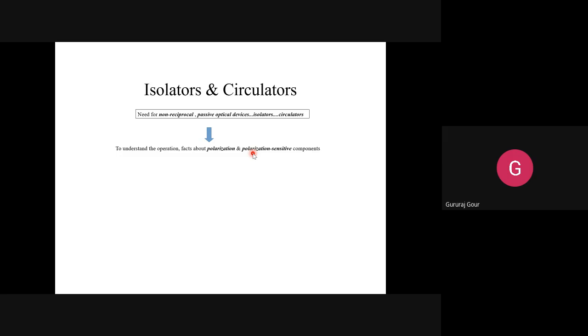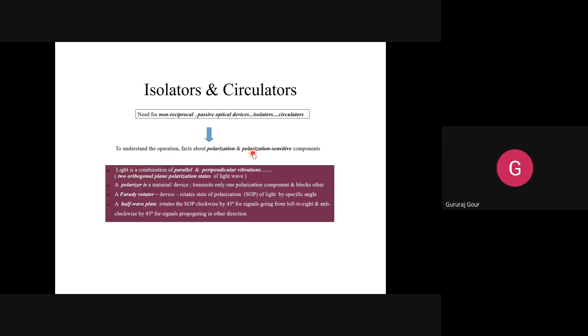So to understand the operation, yesterday I discussed certain aspects to be known there. The first one is what you mean by polarizing plane or polarization state. Polarization plane or state indicates a set or a group of field components and how they are oriented.